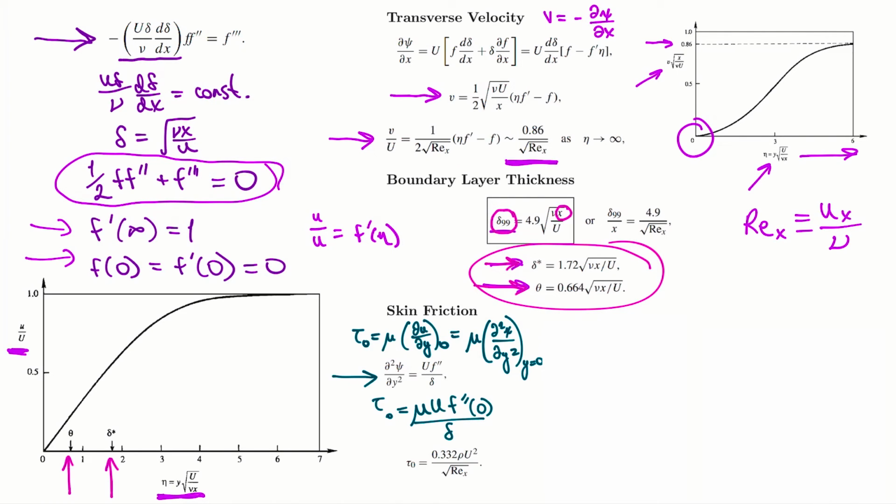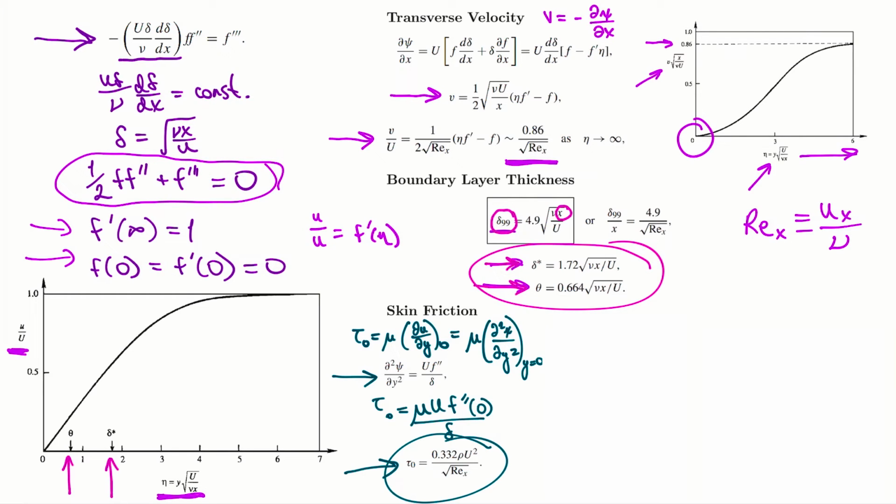And then finally that leads to this expression right here. You note again the functionality: the wall shear stress decreases as x to the negative a half in this expression, and that's a result of the thickening of the boundary layer and associated decrease of the velocity gradient, which our shear stress is of course a function of.